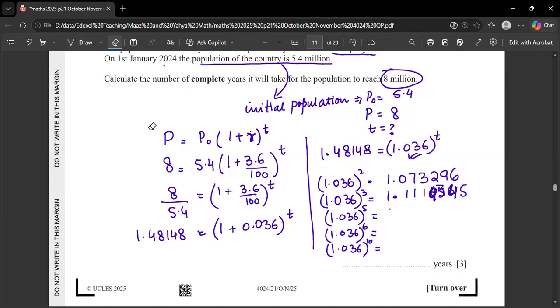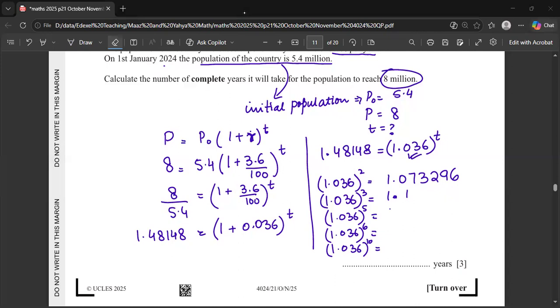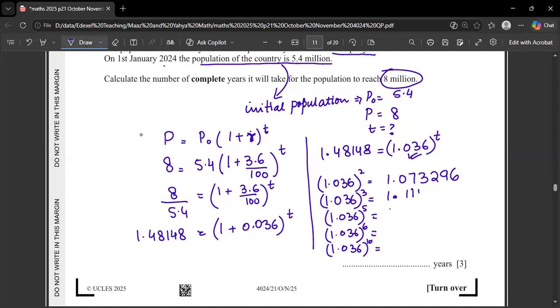Okay, let me erase it. 1.1119346. What about when we have power 5? I have also written it in the chat.